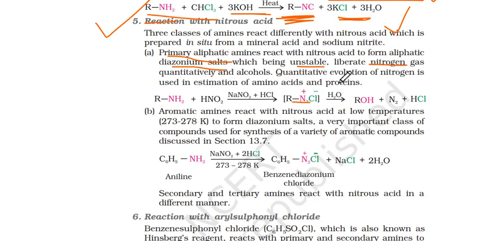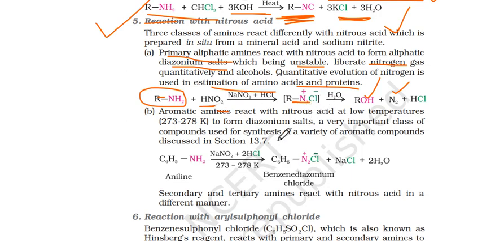So alcohols you get and nitrogen you get. Quantitative evolution of nitrogen is used in estimation of amino acids and proteins. So that's how you identify whether you've taken an amine, you've taken a protein, when you get nitrogen gas at the end.